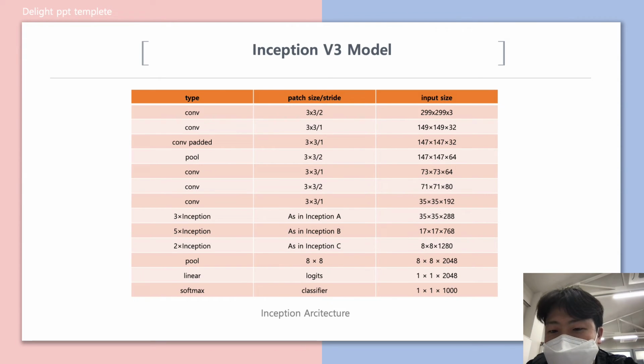Next is Inception version 3. Inception version 2 and version 3 are improved models by Google that adopt a part of the VGGNet architecture, increasing the model size and the amount of computation.